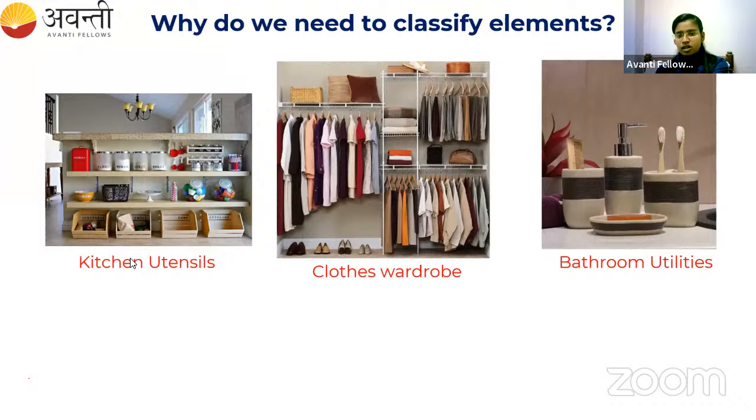Like I'm having all the t-shirts in one place in a wardrobe, and in case of kitchen utensils, I have the cups in one place and the spoons in another place. And in case of bathroom utility, we have brush in one rack and soap, everything in the other rack. So why are we classifying the things like this, and why do we need to classify the elements like this?